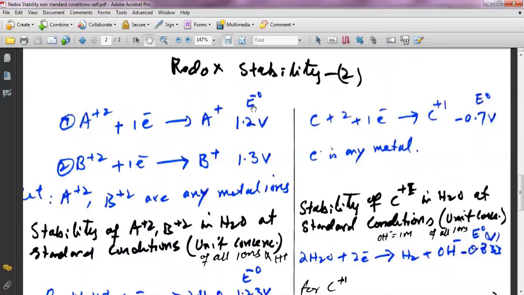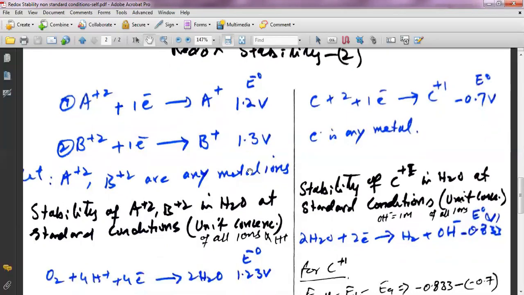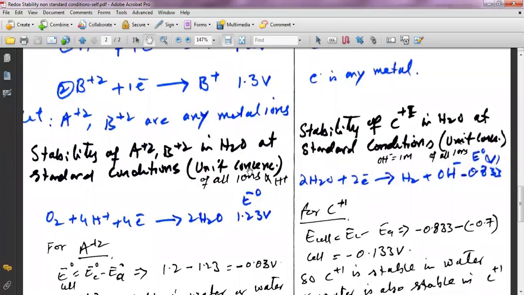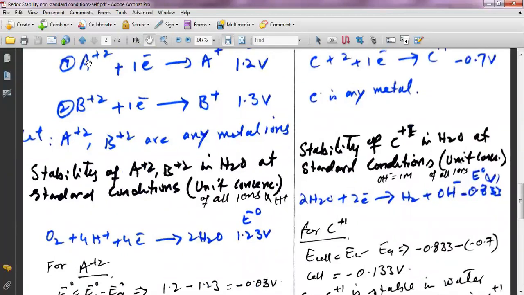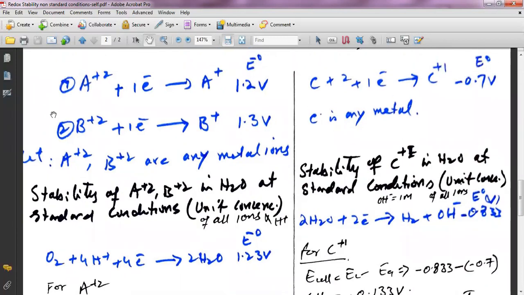Let's suppose A has a standard cell potential of 1.2 and B is 1.3 volt. I'm just going to check the stability of A plus 2 or B plus 2 in water.